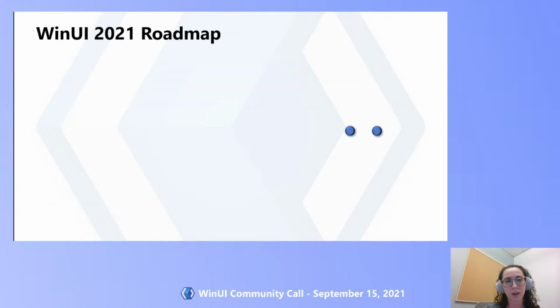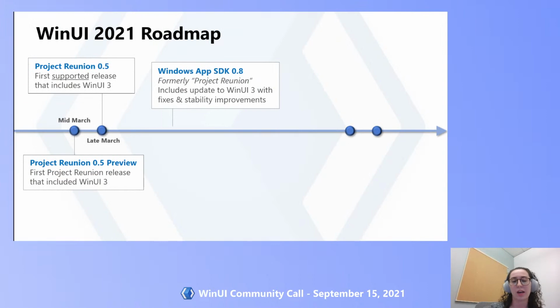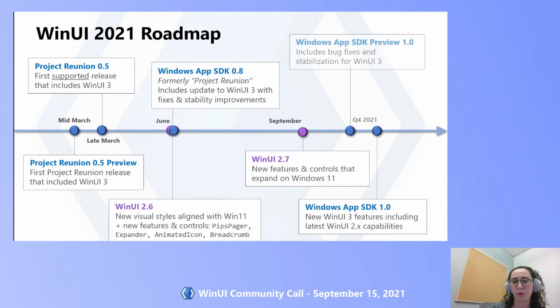Next, first, some updates for the WinUI roadmap. This September, what I'm about to announce to you is the next version, WinUI 2.7, which will include new features and controls that expand on Windows 11.